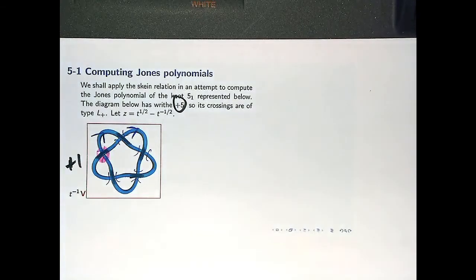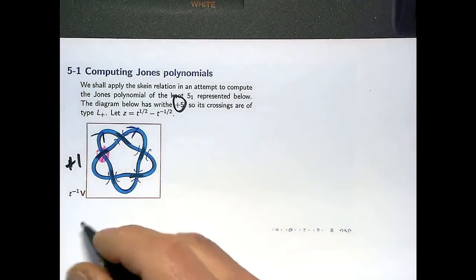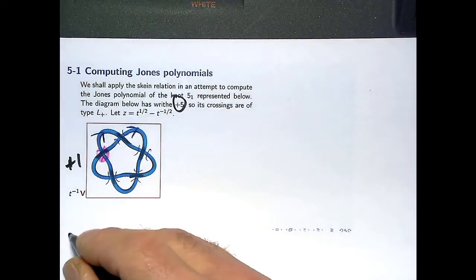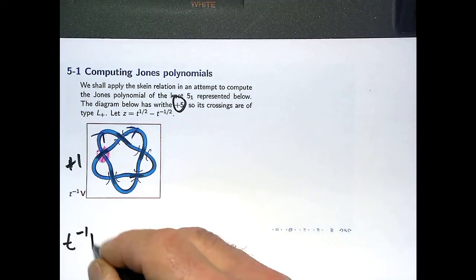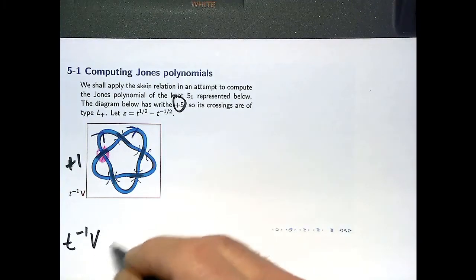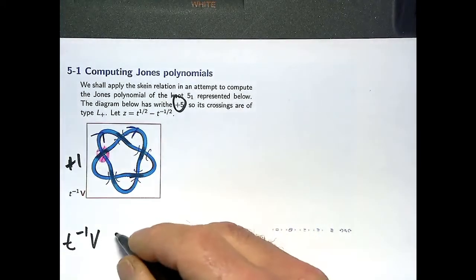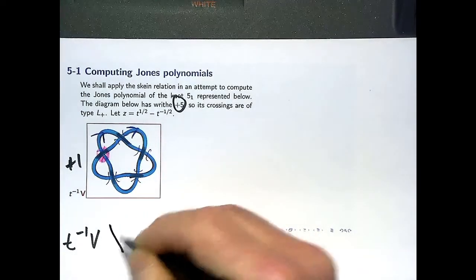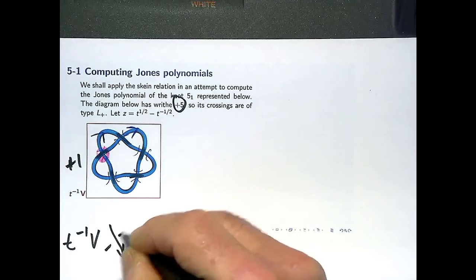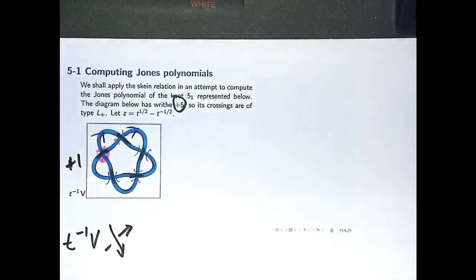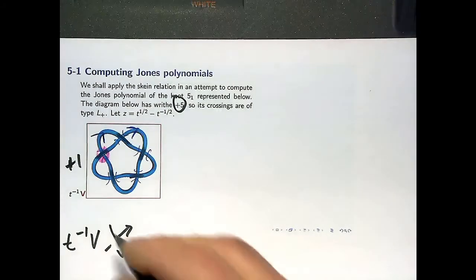Let me write down the formula again. So it's T minus of V of L plus, and L plus corresponds to when you have the part of the knot which, it's normally drawn like this actually. Unfortunately here this has been rotated, but you have to learn to recognise L plus as I explained before.